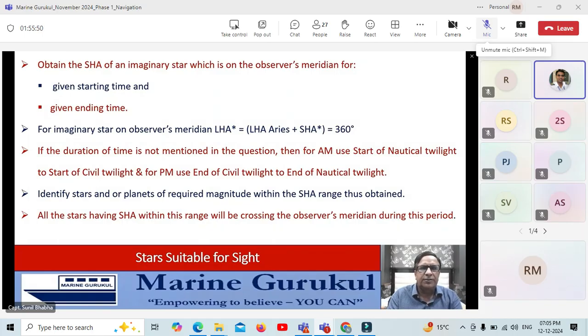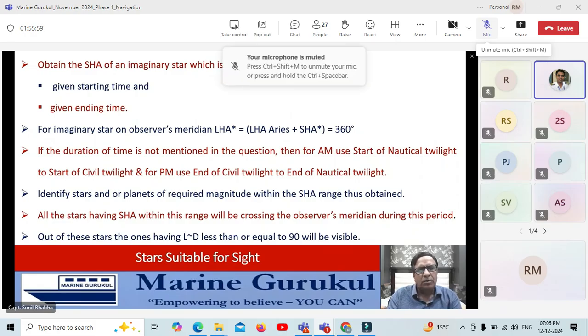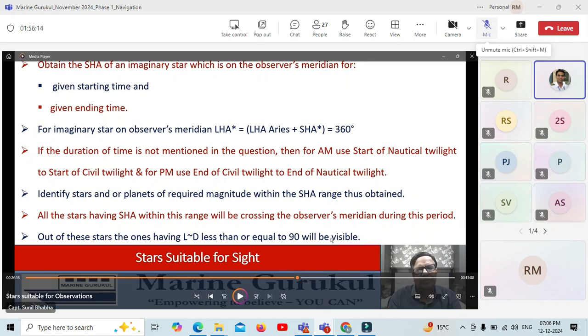Whether they shall be visible or not, or suitable for taking sight or not, or suitable for X meridian observation or not, once we get a comprehensive list of all the stars and planets, we can do the further analysis depending on whatever may be expected of us in that particular question. So we will be using these steps now, beta, one by one to find out the stars.